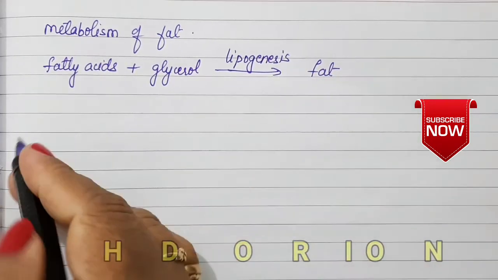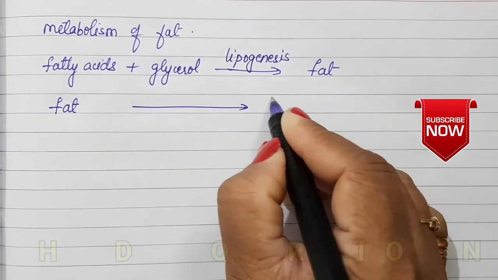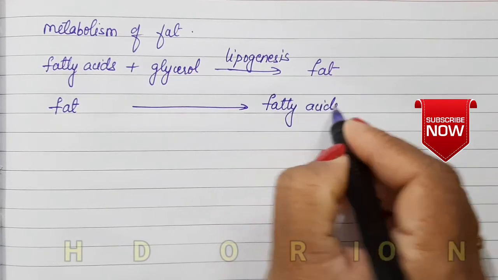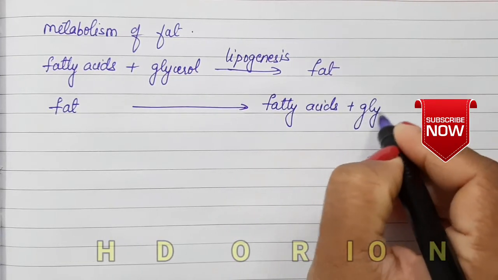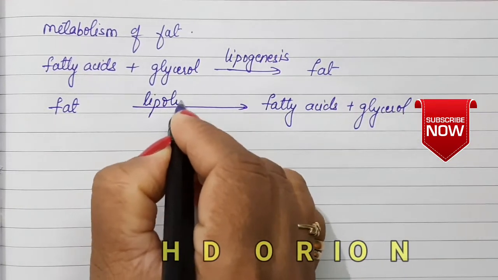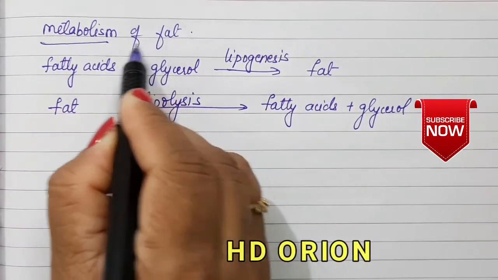This process takes place in the liver. And when fat is again broken down to form the fatty acids and glycerol, it is known as lipolysis. So these two processes are involved in the metabolism of fat.